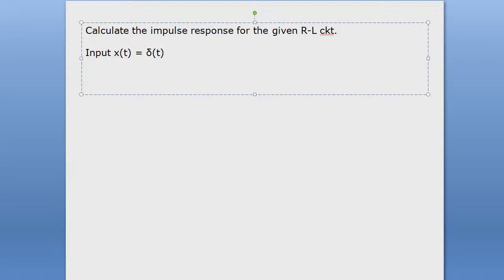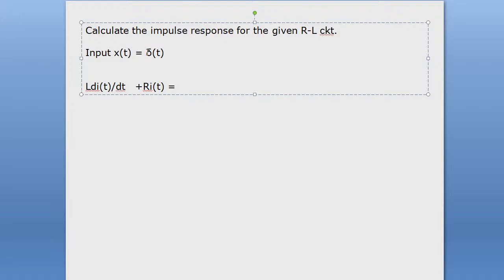The first step, you know, is to derive the differential equation of the given circuit. So same as before, you just write the differential equation for this circuit: L di(t)/dt plus R I(t) equal to the delta function.